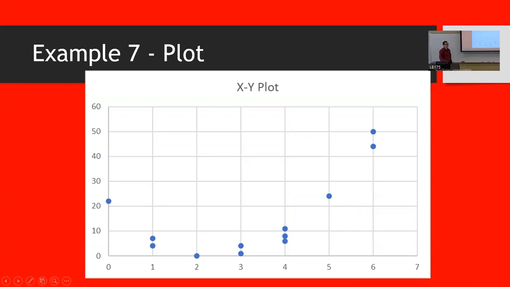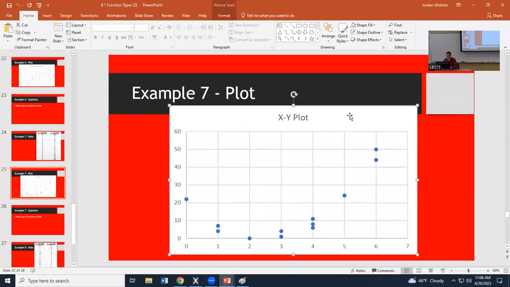And I would say this is the classic parabolic shape. Let me explain why.